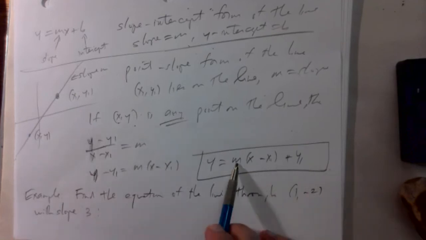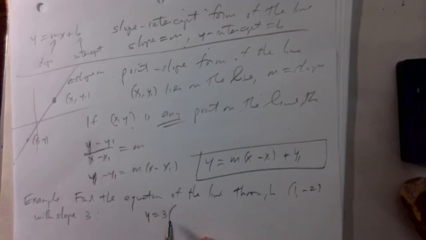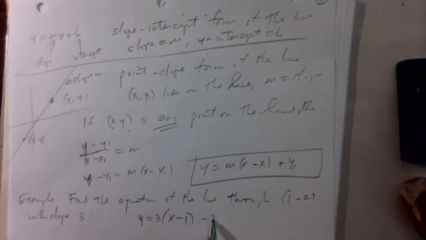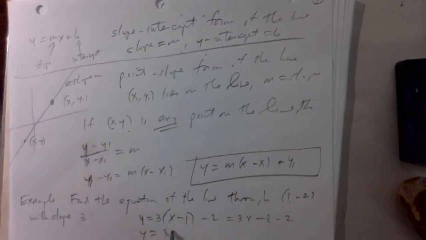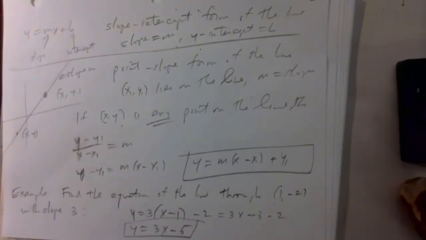So how do we do this? The slope m is 3, so y is equal to 3 times x minus x1, which is 1, plus y1, which is minus 2. So this is 3x minus 3 minus 2, or y equals 3x minus 5. Okay. So this is using the point slope formula to find the equation of the line through the point 1, negative 2 with slope 3. And you notice when x is 1, y is negative 2. So this works out fine.